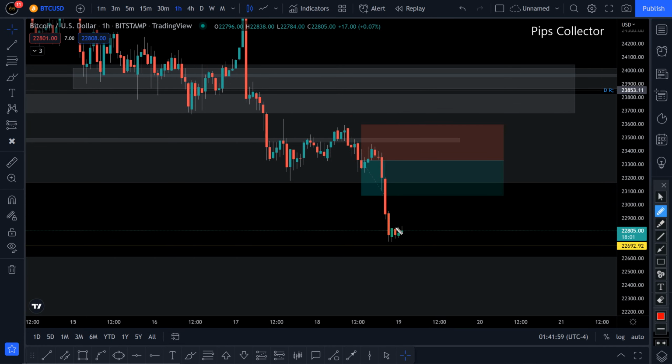So scenario one could be price will give us some retracement before dipping to retest this low or tap this golden level. This is scenario 1A. Our price could just dip, which will be scenario 1B.